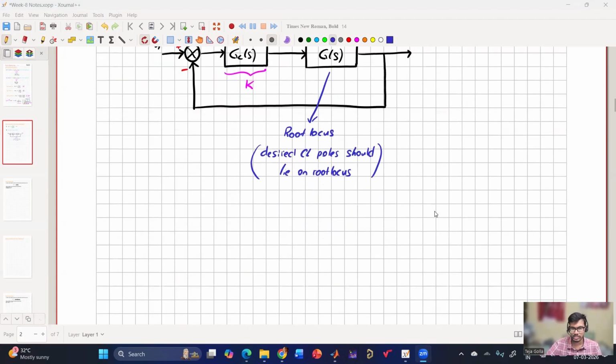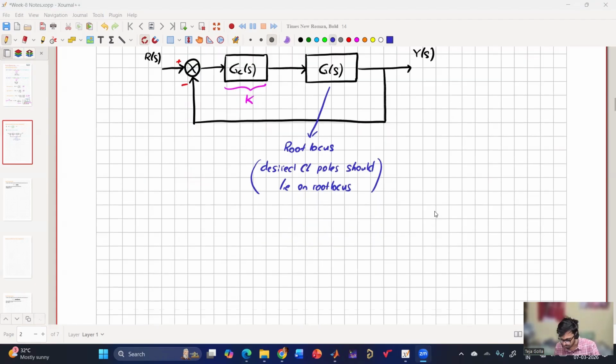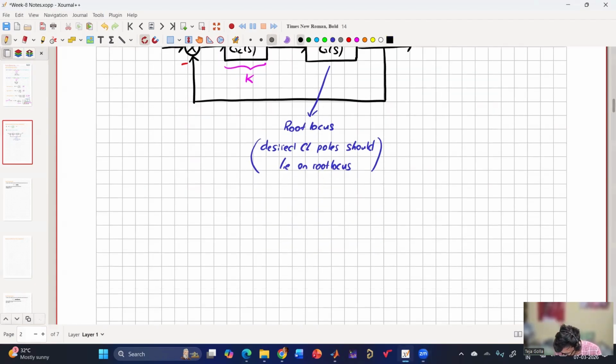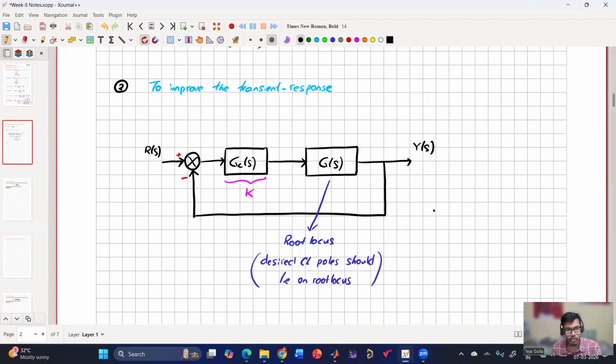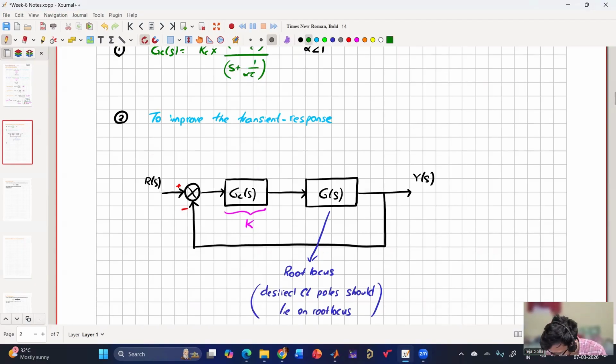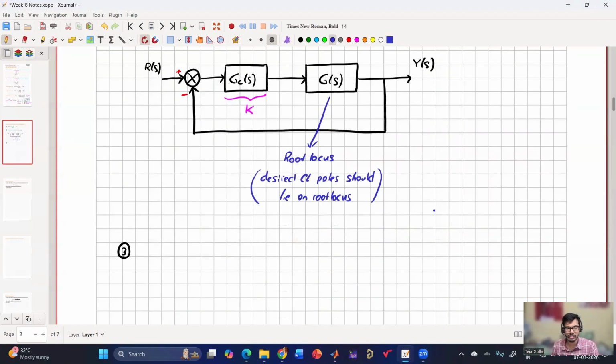One more point here: we will also be getting the details regarding the closed loop poles. We'll solve one problem, then it will be more clear.